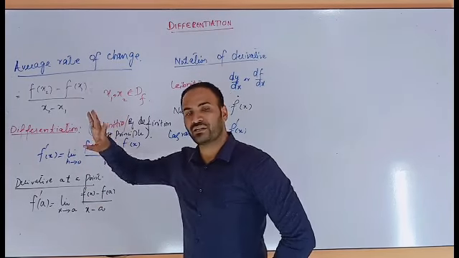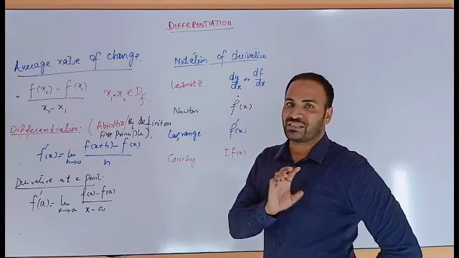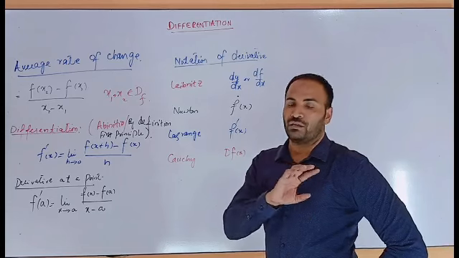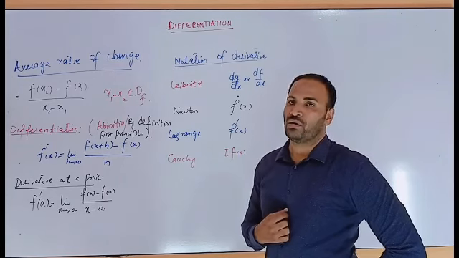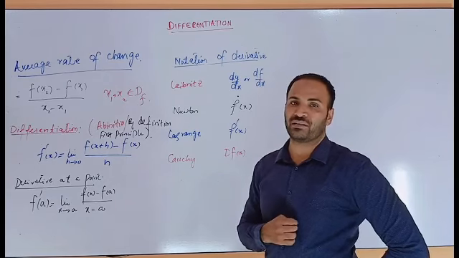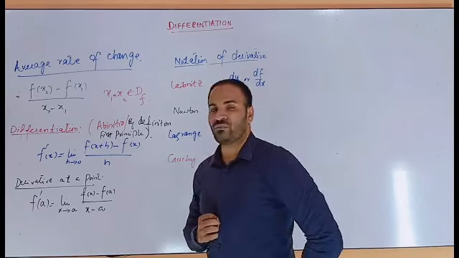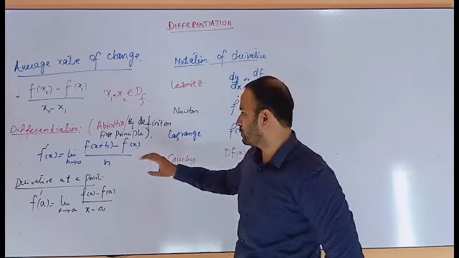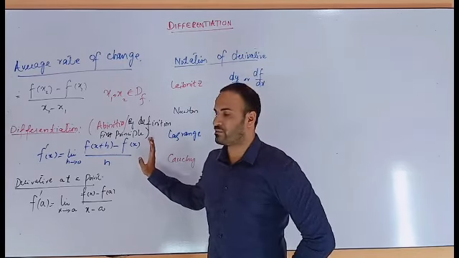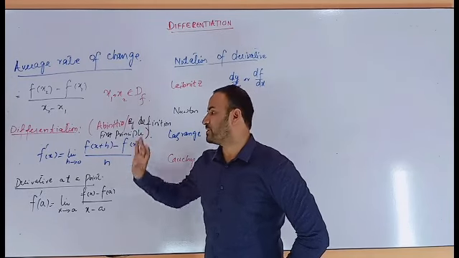Okay, four-step method is another name. So if you want to find the derivative, this is a simple or basic method. If anyone asks you to find the derivative of a function using ab initio method, using first principle, using by definition, or using four-step method, this is the method.